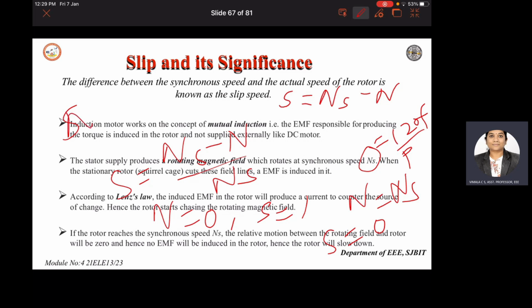We also have N is equal to Ns times 1 minus S. That means the rotor speed is equal to the synchronous speed times 1 minus the slip. So the rotor speed will always be less than the synchronous speed.